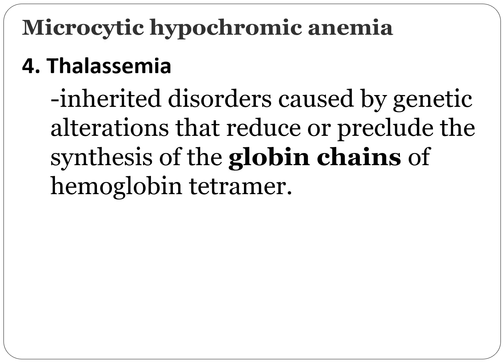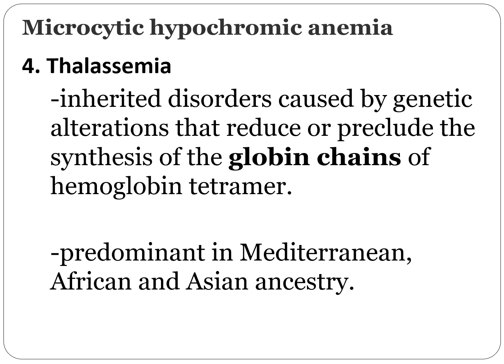And we have two categories for thalassemia. Mentioned already would be the alpha thalassemia and we have the beta thalassemia. Predominant in Mediterranean, African, and this is also predominant in Asian ancestry.